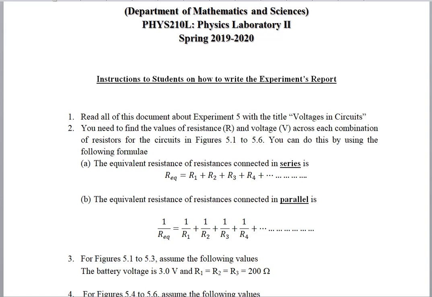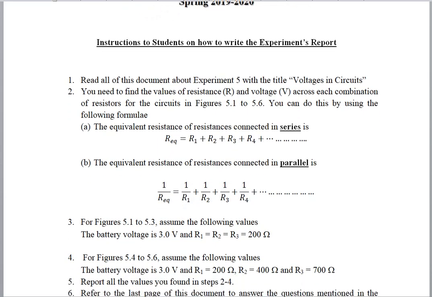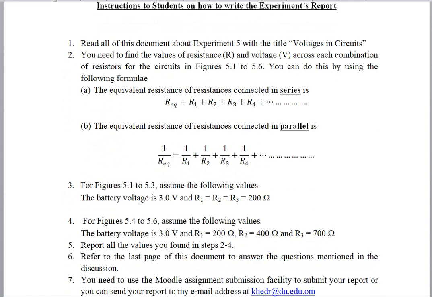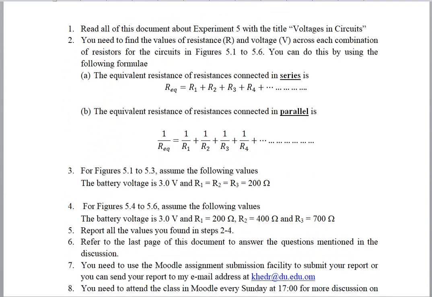You can do this by using the formula for the series connection. You can use this formula to find the equivalent resistance. And for the parallel connection of resistors, you can use this formula to find the equivalent resistance. For the first 3 figures, figure number 5.1, 5.2, and 5.3, assume the value of the battery as 3 volt.